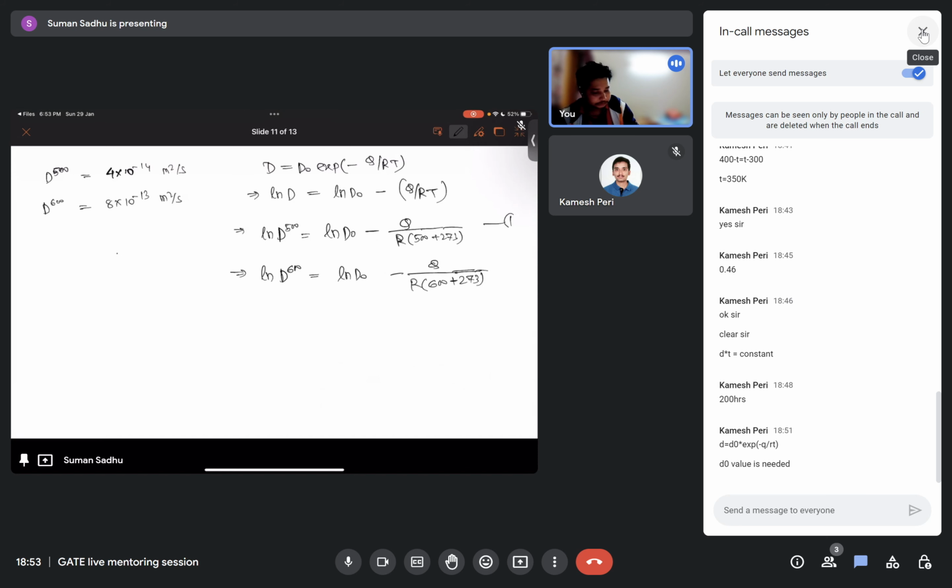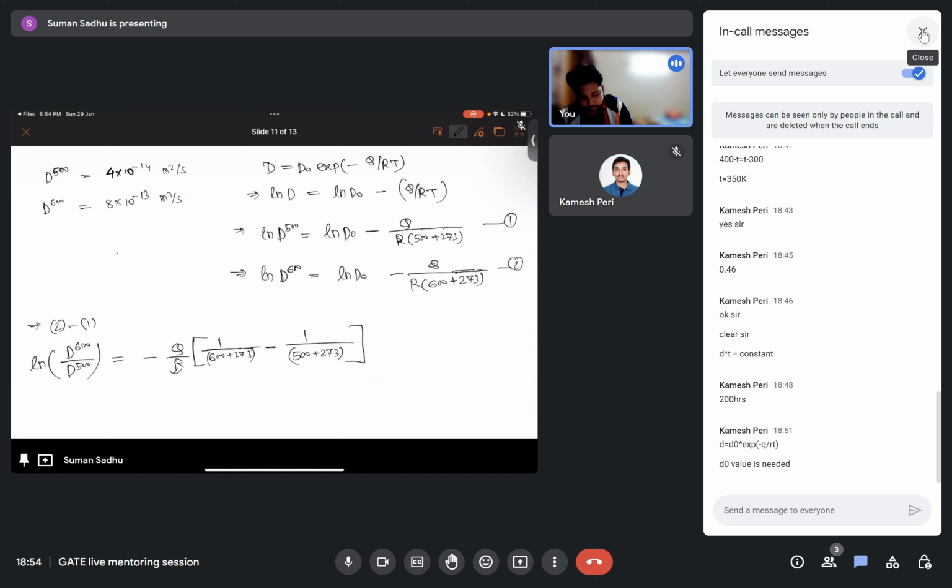Now if you take equation 1 and equation 2, like 2 minus 1, you will get ln of D at 600 divided by D at 500 is equal to minus Q by R into 1 by 600 plus 273 minus 1 by 500 plus 273. Now you know the R value.